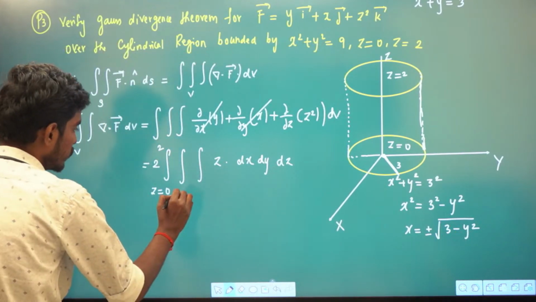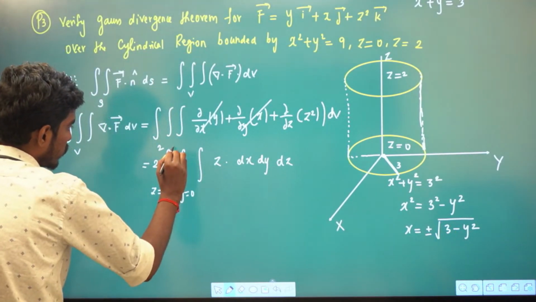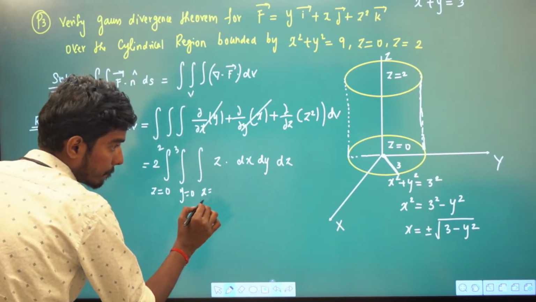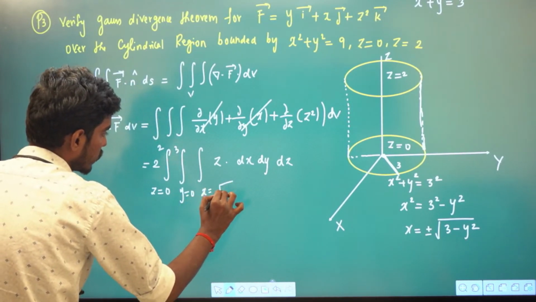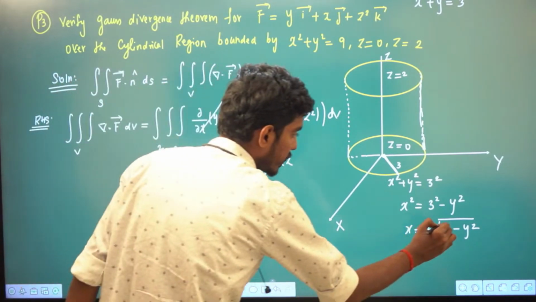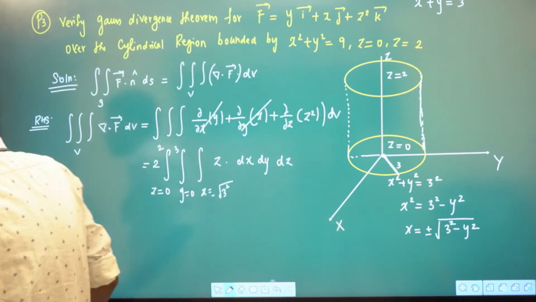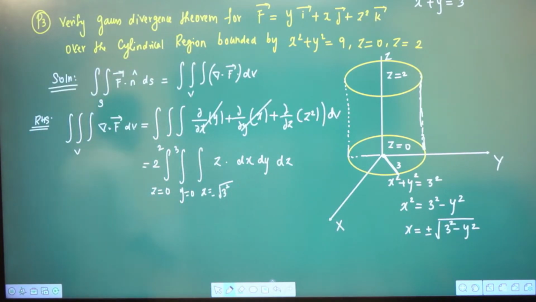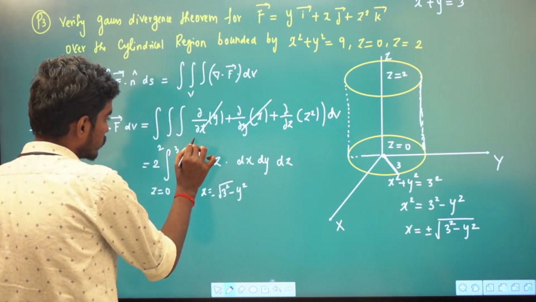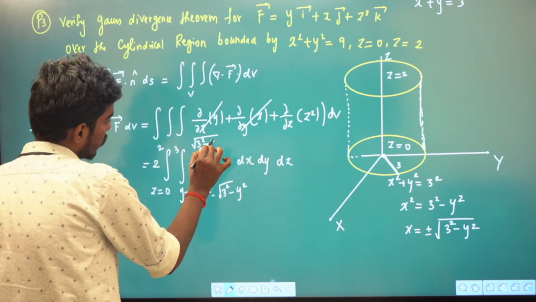So x varies from minus square root of 3 square minus y square to plus square root of 3 square minus y square.